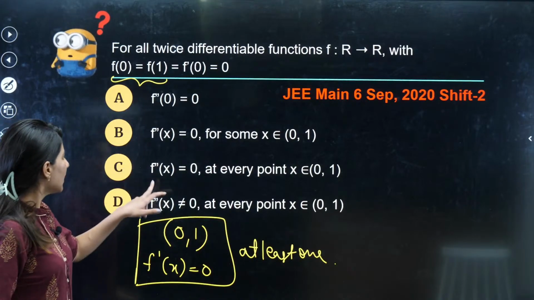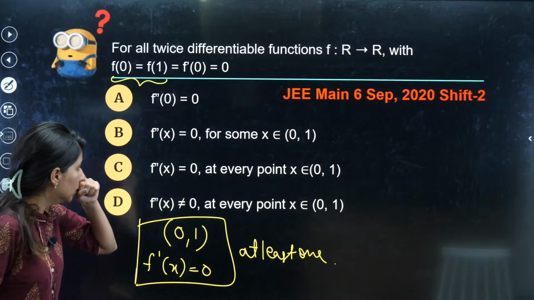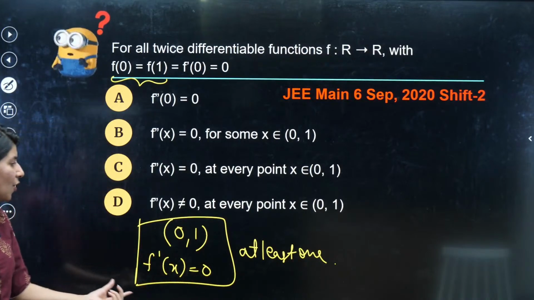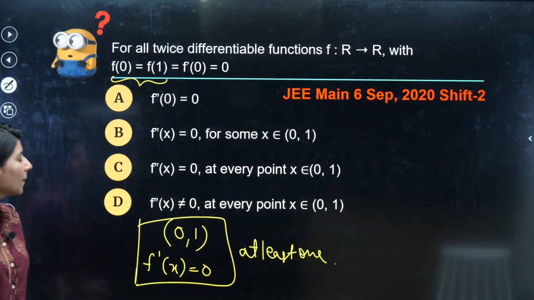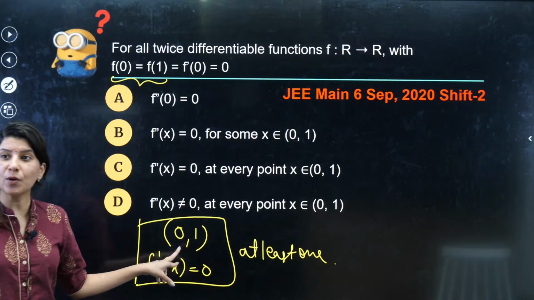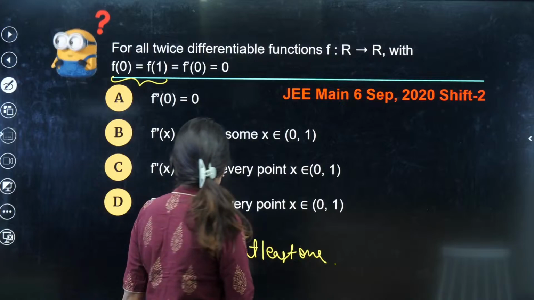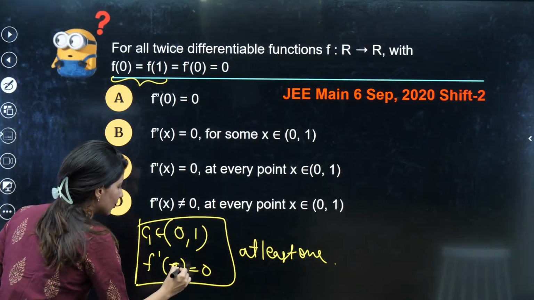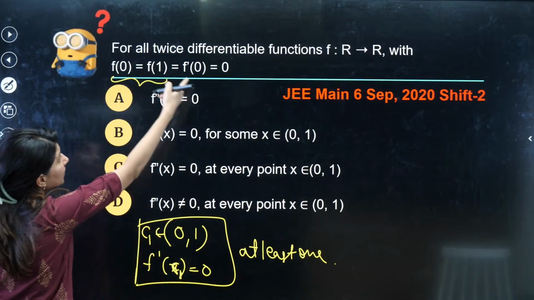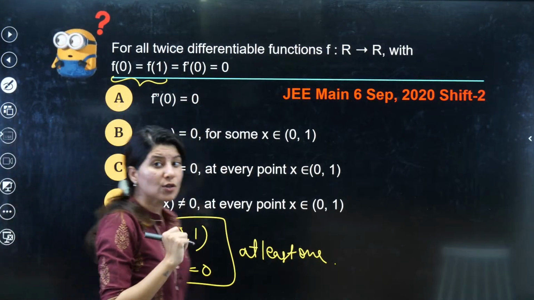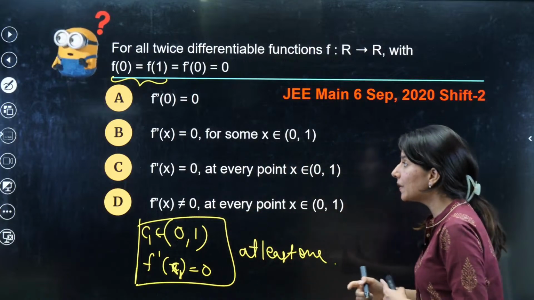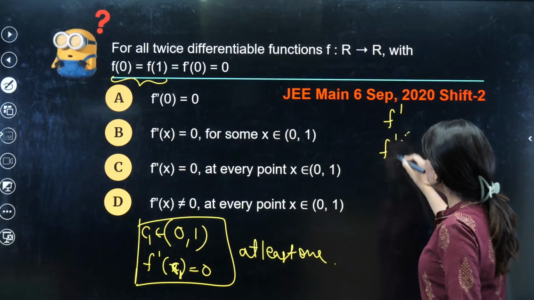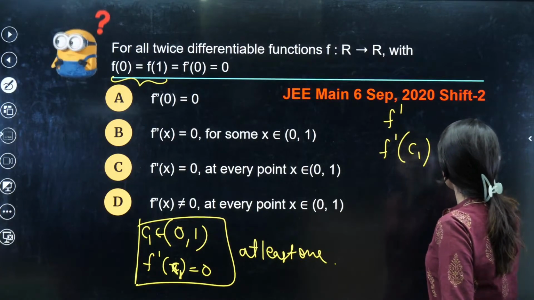So f dash x becomes equal to 0 for at least one value, right? Okay. Now in 0 to 1, suppose we take C1, C1 belongs to this interval. So f dash C1 is 0, and one more point, f dash 0 is also 0. So now I can apply another Rolle's theorem on f dash. How? Can you see f dash C1 is equals to f dash 0?